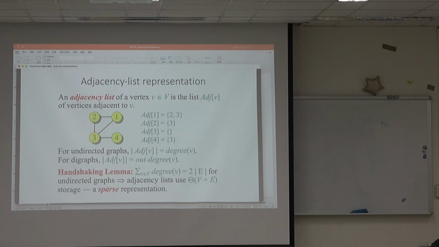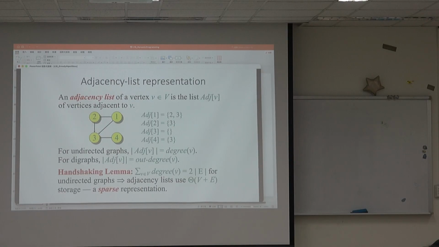So using this, V plus E is much smaller. So this is a good fit for the implementation, as I said earlier.